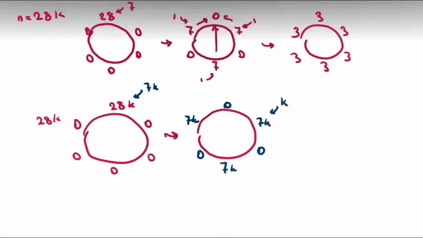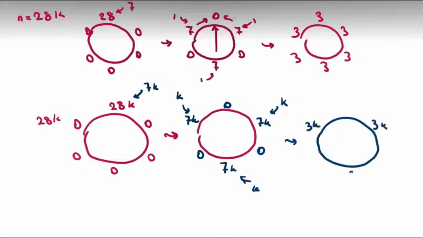Then I use each of them k times. All of them will be -4k, so they will be 3k, 3k, 3k, 3k, because k times to this, k to this, k to this, so it will be 3k, similarly 3k. It is possible. So we've proved that for multiples of 28 it's okay.